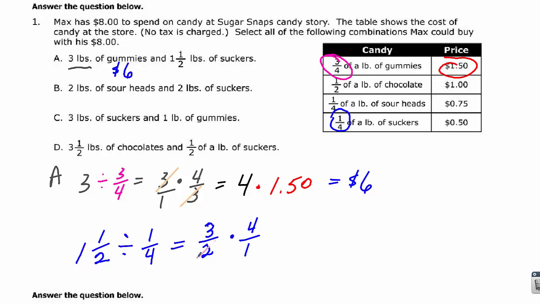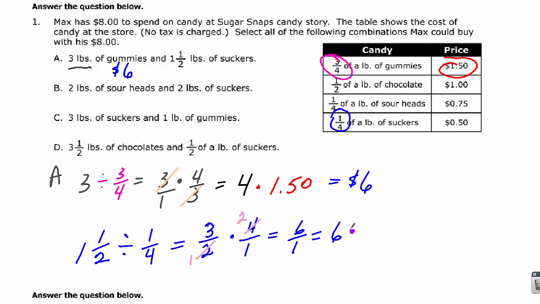Once again, opportunity to cancel. 2 goes into 2 once. 2 goes into 4 twice. We're left with 3 times 2 is 6 over 1, which is 6. So we know that in 1 1/2, there are 6 groups of 1/4.